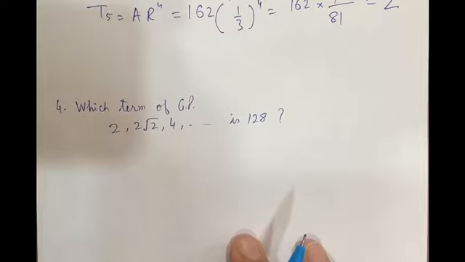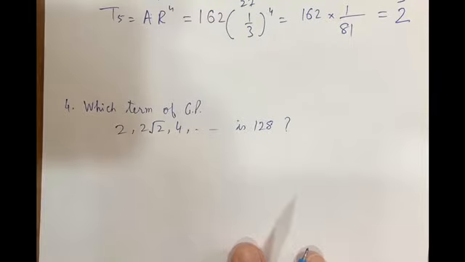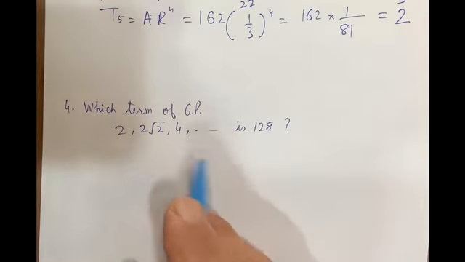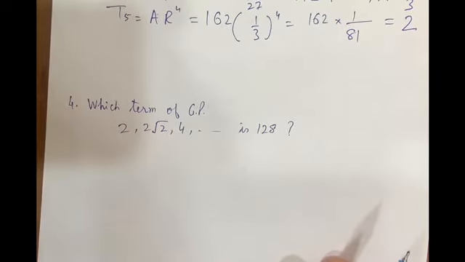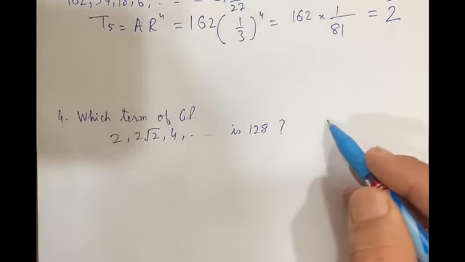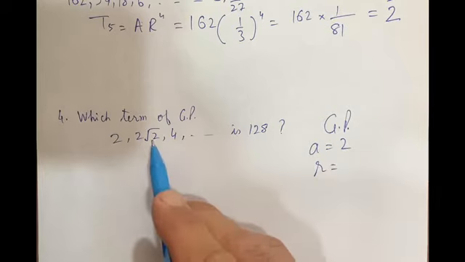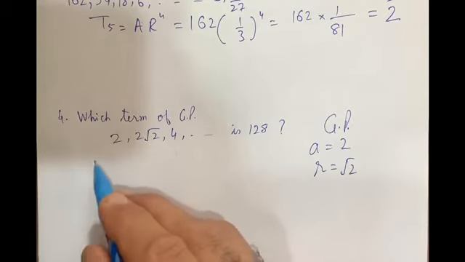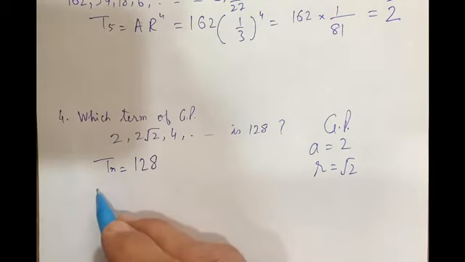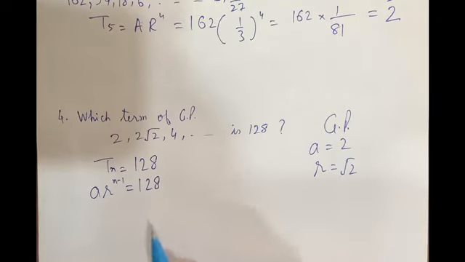Next, we are given another GP: 2 root 2, then we have 4, and we have to find which term of this is 128. So this is a GP with first term 2root 2, and the common ratio is the second term upon the first term, that's root 2. Let us say 128 is the nth term. Nth term means A into R raised to n minus 1 is 128.